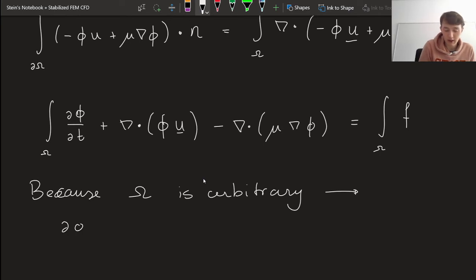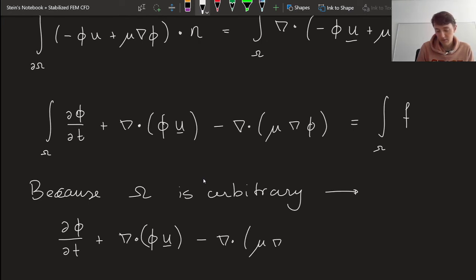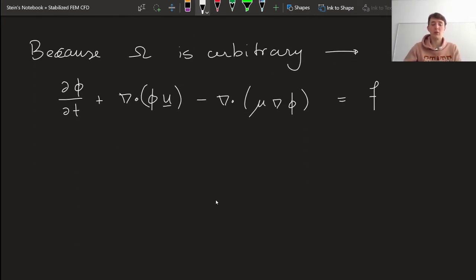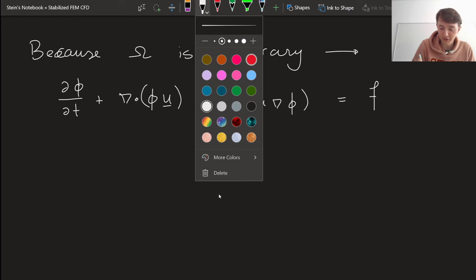Meaning that we have the following partial differential equation. And this is the advection-diffusion equation. I'm still not allowed to use a red pen for some reason.